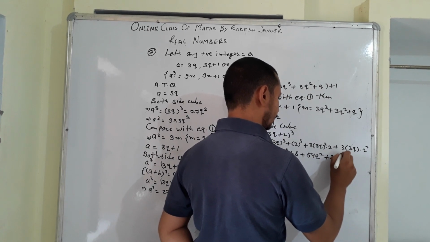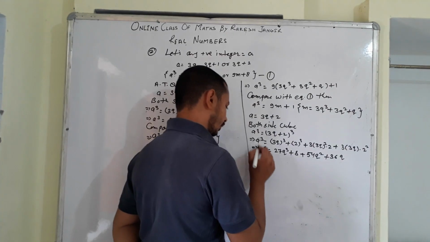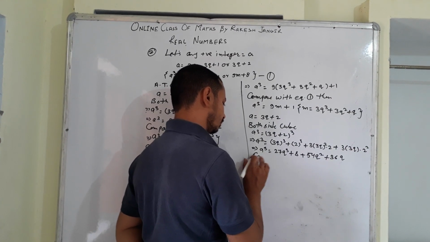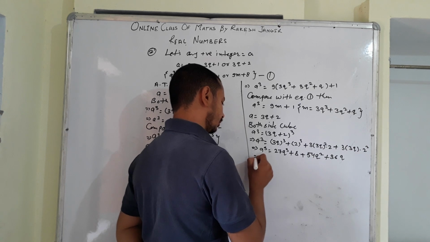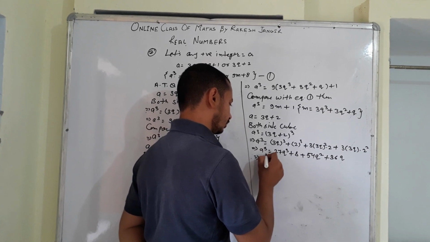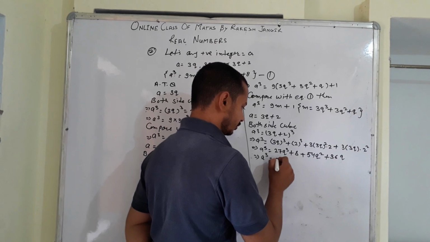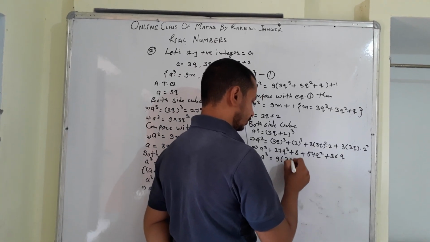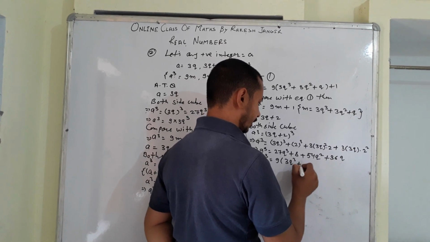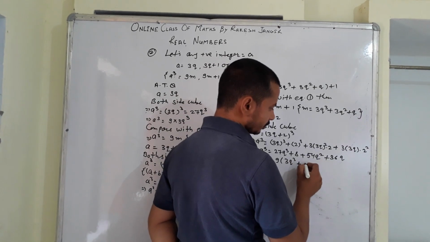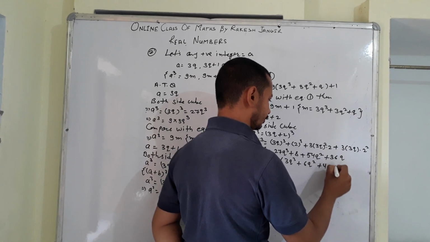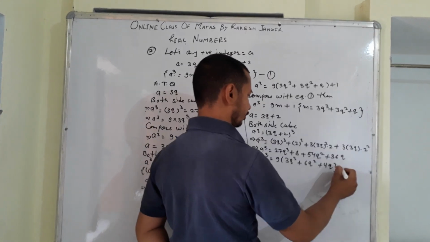Okay, compare with, taking 9 common, then we find 3q cube plus 6q square plus 4q plus 8.